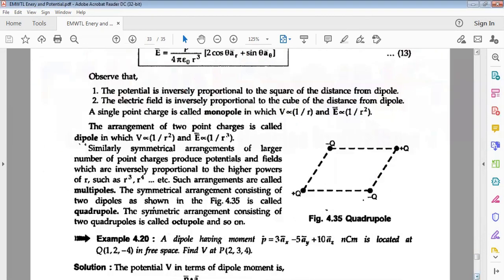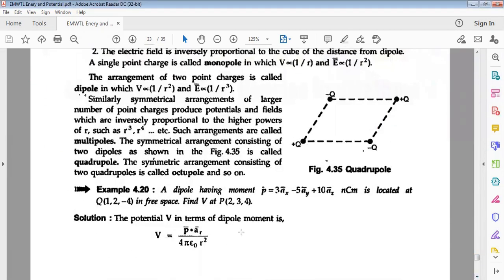Got it, my students? Similarly, symmetrical arrangements of a large number of point charges produce a potential and fields which are inversely proportional to higher powers of R, such as next we get R cube, R power 4, etc. Monopole, dipole, and then we go for 1 by R and 1 by R square, then 1 by R square and 1 by R cube, and at the next stage 1 by R cube and 1 by R power 4.